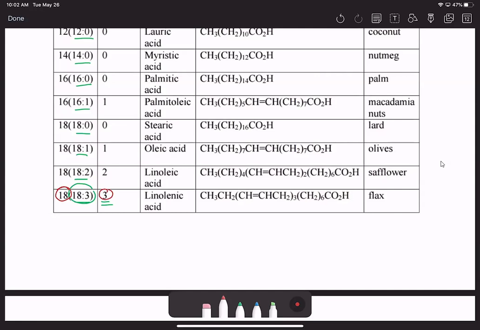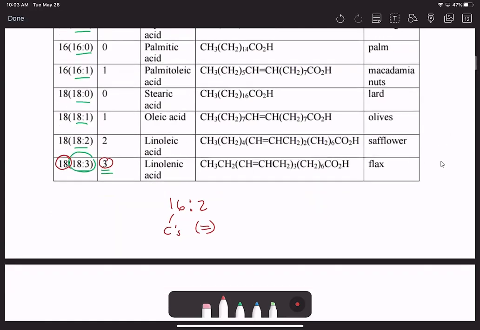So I could write 16.2, which means that there's going to be 16 carbons and there's going to be 2 double bonds in there somewhere. So that's what that means there.